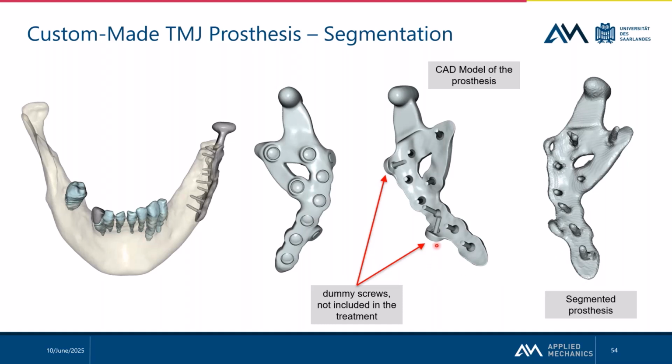And in the simulations, we also want to compare two different cases. Mainly in the planning of the surgery, they added these two screws. We called them dummy screws in the paper, because for medical reasons, they were not able to bring these screws into the patient during the surgery.